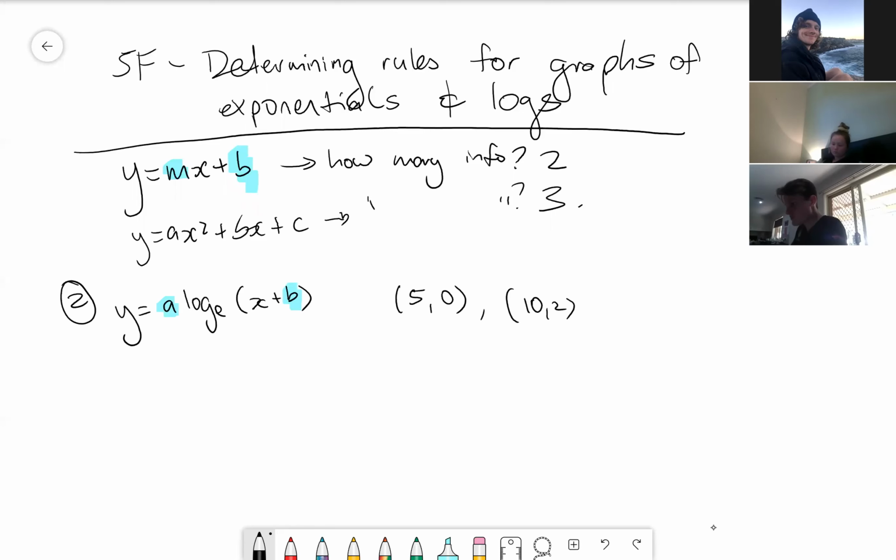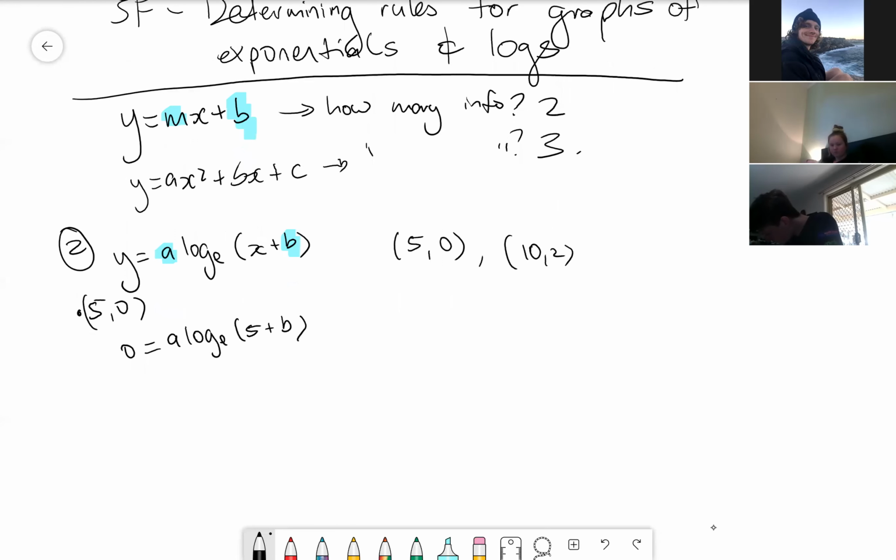Cool. So why don't we chuck this one in first, 5 and 0. So the y value is equal to 0 and we'll get a log to the base e of 5 plus b. Now, how could we solve what b is here?